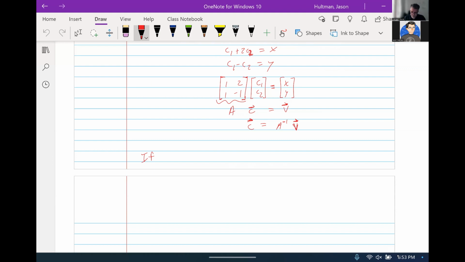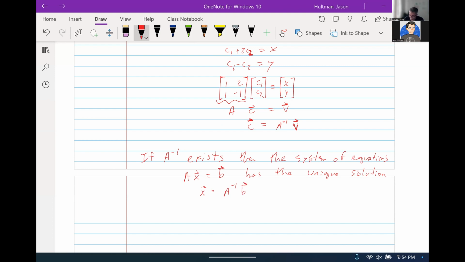It says that if A inverse exists, this was a theorem from 2.6, and we covered this, then the system of equations AX equals B has the unique solution of X equaling A inverse B.